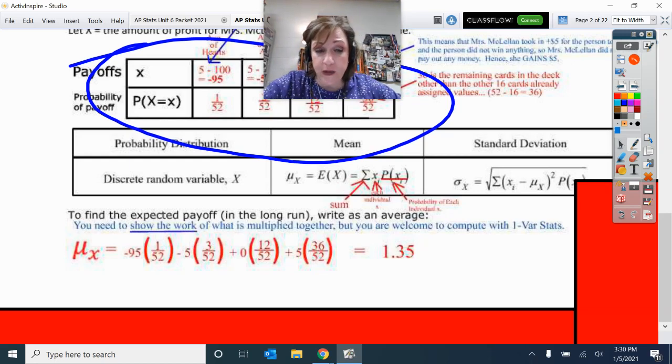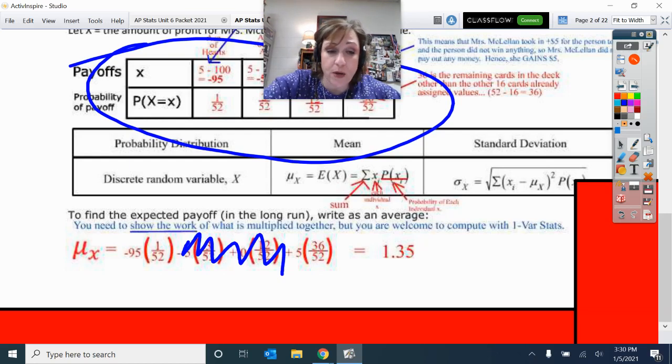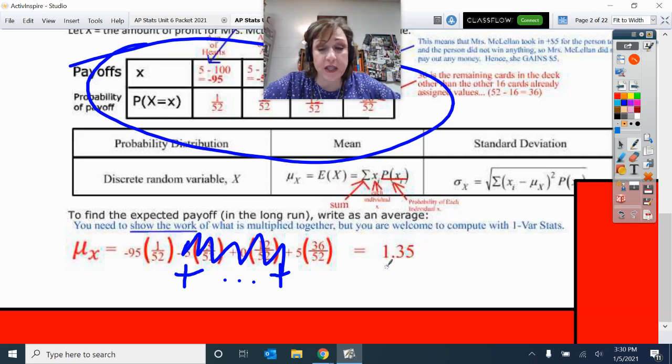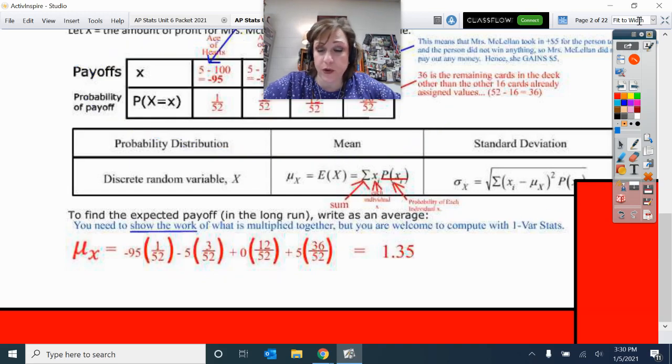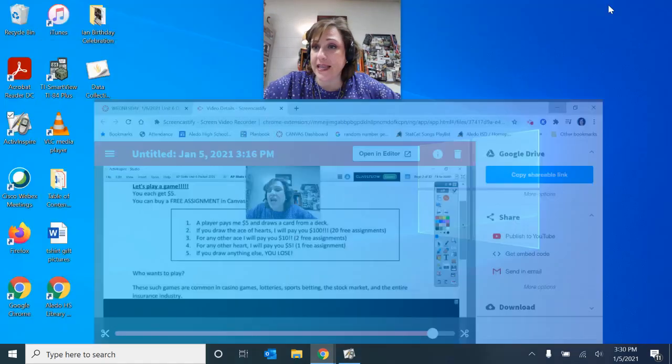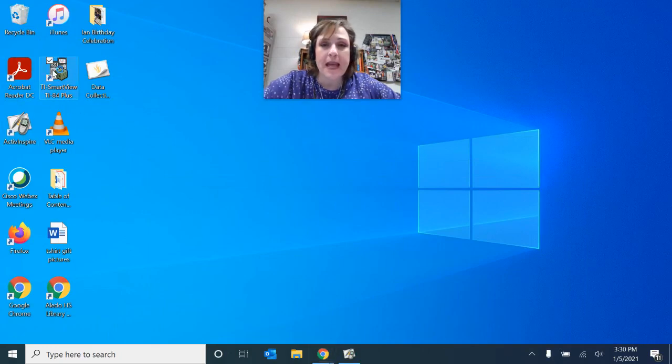But if you have this table written out, see, then you could just do the first and the last one, and you know how we did the binomial ones where we said plus dot dot dot plus and then the last one. So again, if you have the table, you can just show the first and the last in the sequence. Now, let's talk about how to compute this without actually having to go through all the motions. And so you're going to get that out in your calculator. And so here we go.